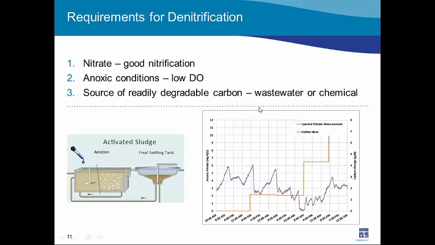And this is an example of a carbon-limited facility. Now, as the carbon dosing increases, the nitrate concentration doesn't necessarily decrease. So at that point is where you would certainly want to curtail your carbon dosing to save the cost of the chemical.